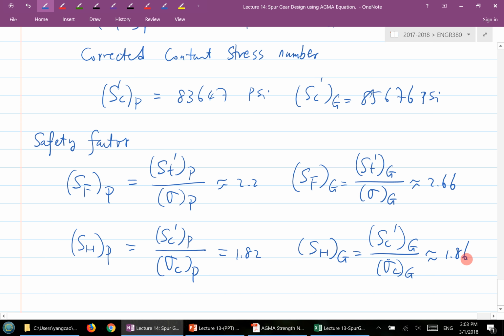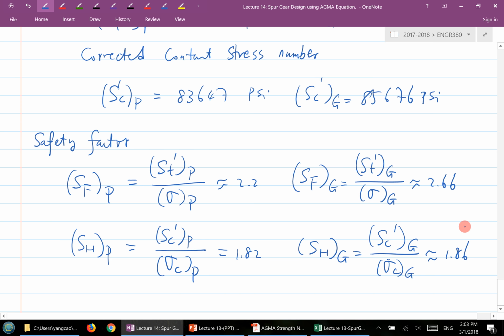So that's basically the results for this particular analysis question. You end up with a safety factor for both contact stress and the bending stress. Okay, so they're all greater than 1, so it's safe.